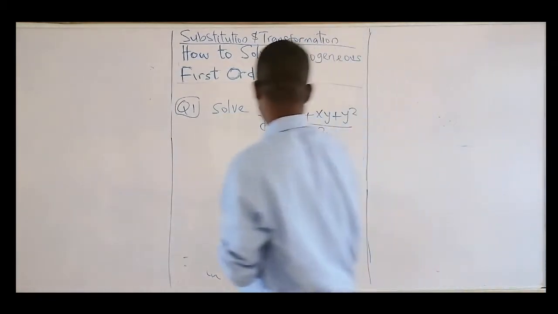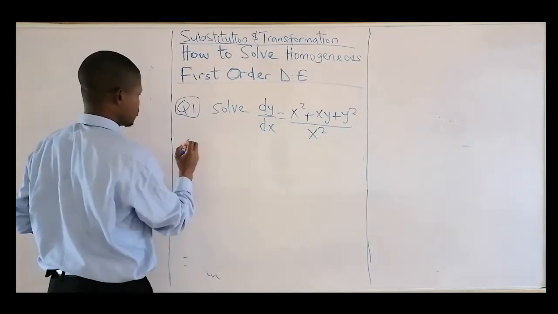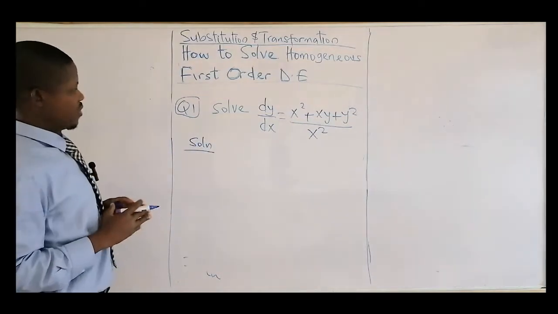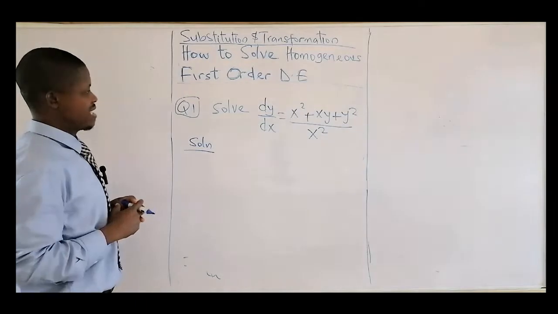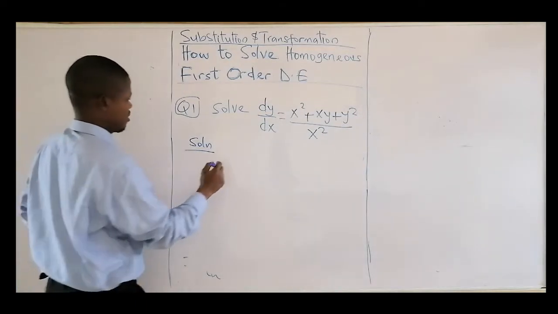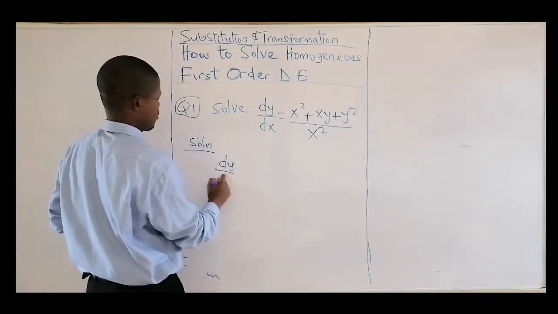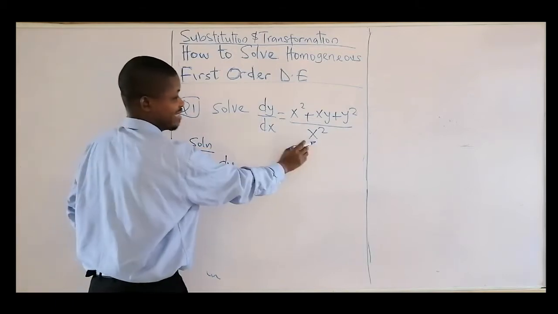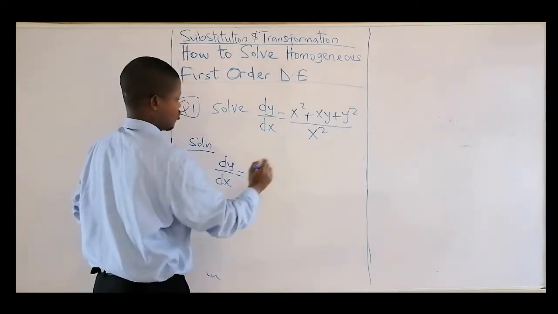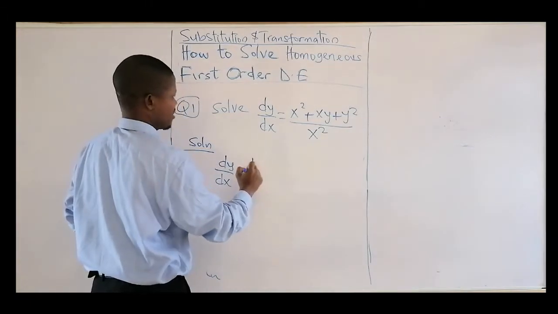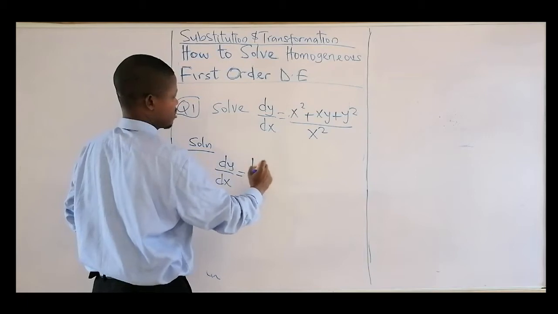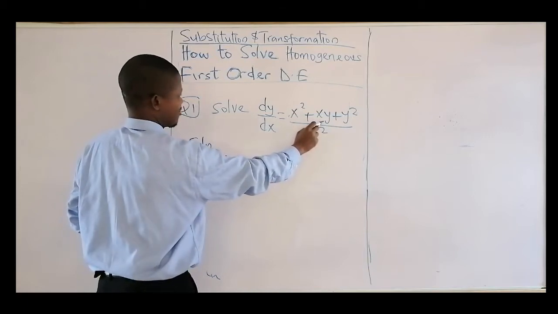So this is what we have here. Solution to this question. How can we have y over x in this place? So solution: dy/dx will be equal to, let's divide through by that denominator here. It will be equal to 1 over x squared, over x squared, then plus this one over x squared.